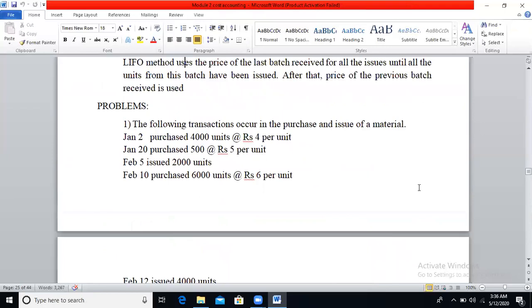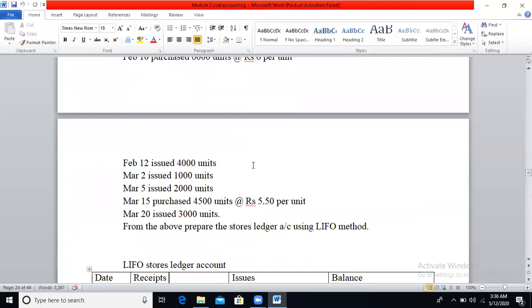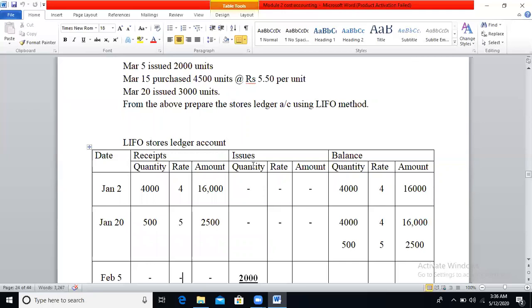The second transaction is on January 20th, we are making a purchase of 500 units at rupees 5 per unit. The rate will be 5. The total value will be 2,500; 500 into 5, you get 2,500.